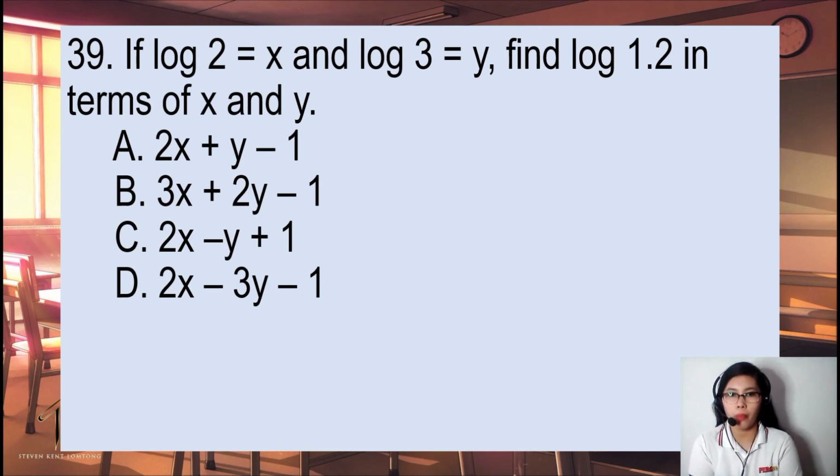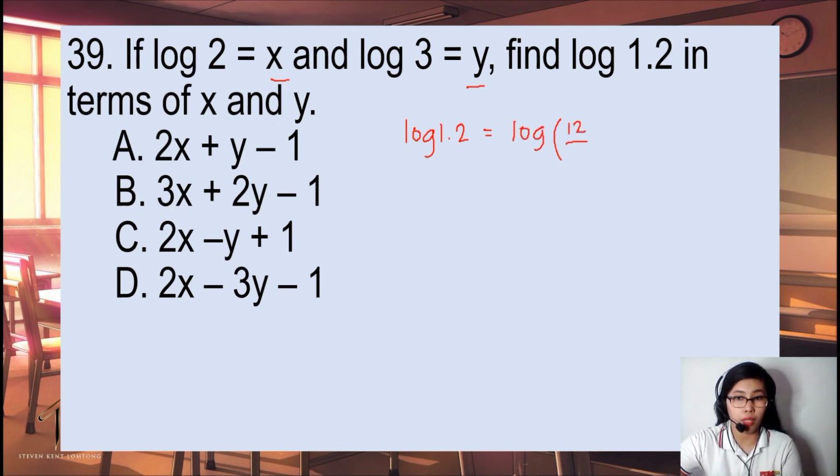But if you want to apply the rules of logarithm, this is what we will do. Log of 2 is equal to x, log of 3 is equal to y. Now, we have to express log of 1.2 into an expression that can come up with log of 2 and log of 3. So log of 1.2, we can say that this is log of 12 over 10.